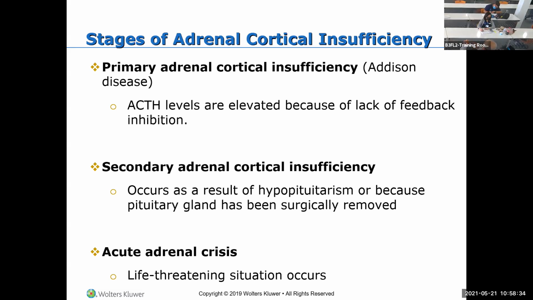And this adrenal cortex, after stimulation, will produce 3 different hormones. Mineralocorticoid, which was discussed in anatomy, one of the mineralocorticoids we use is called aldosterone.